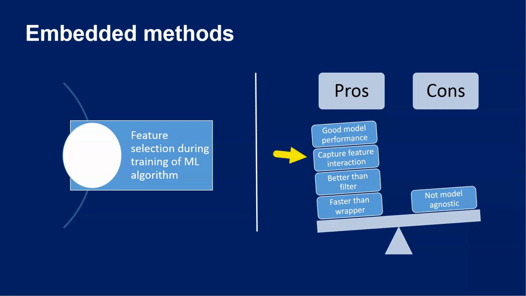On the good side, these methods do consider feature interaction and tend to provide a very good model performance. They are faster than wrapper methods and tend to produce models that are more predictive than those based on features selected by filter methods. On the downside, they are not model agnostic, so features selected by random forest, for example, may not be the best to use in a linear model.